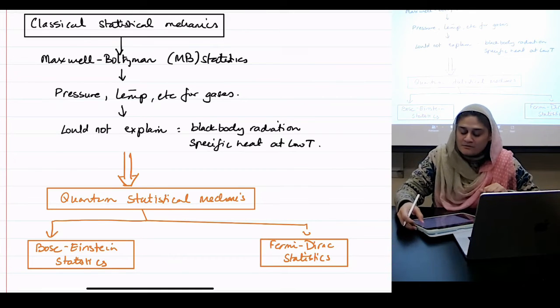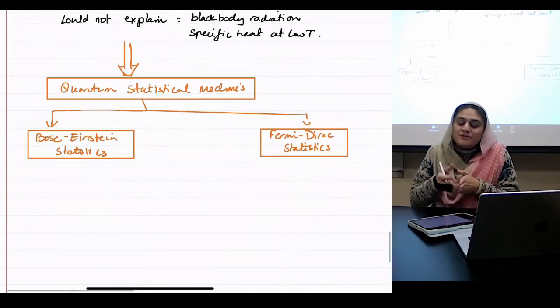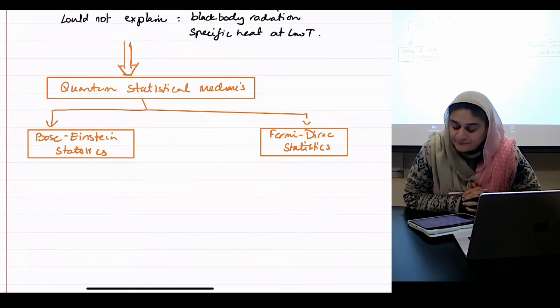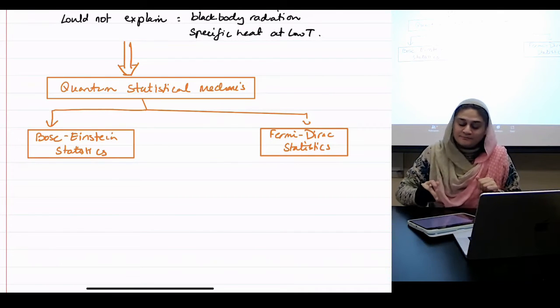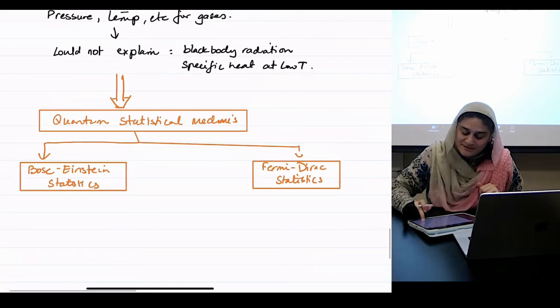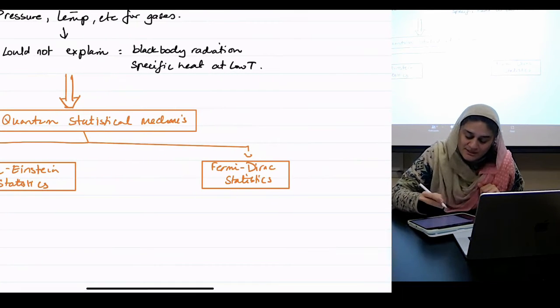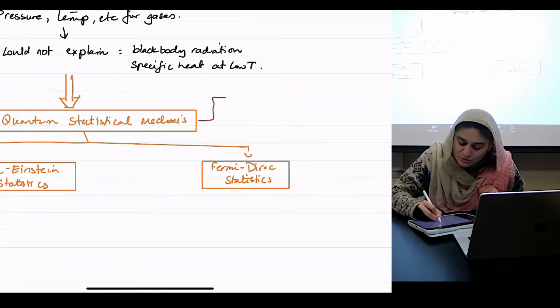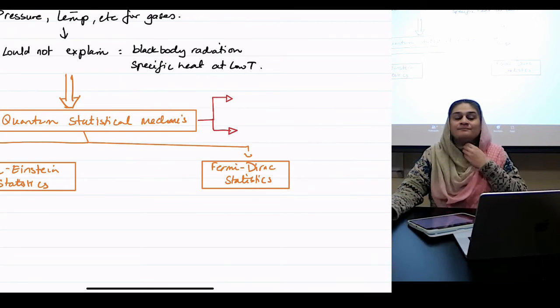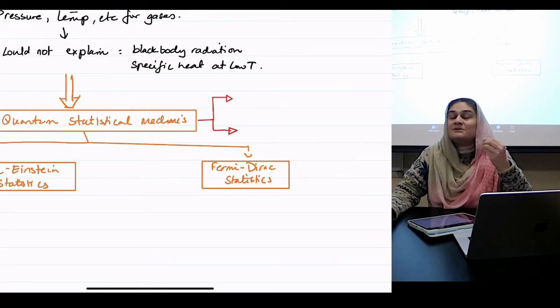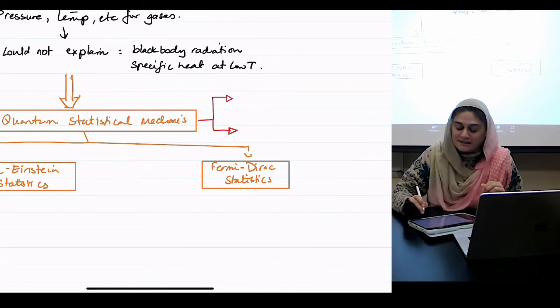Now, how do we have these two distinct statistics? Well, quantum statistical mechanics uses two main principles newly developed in quantum mechanics.